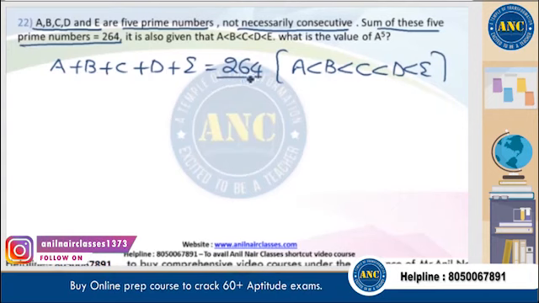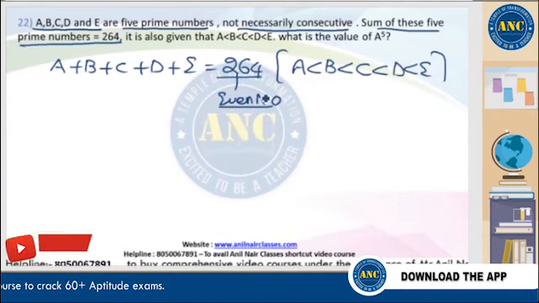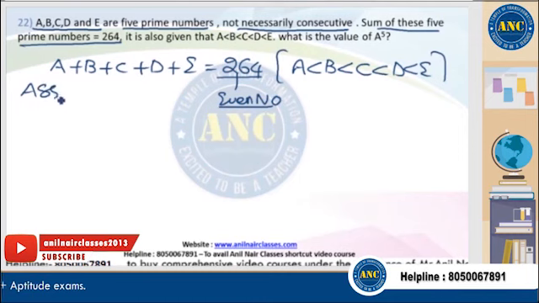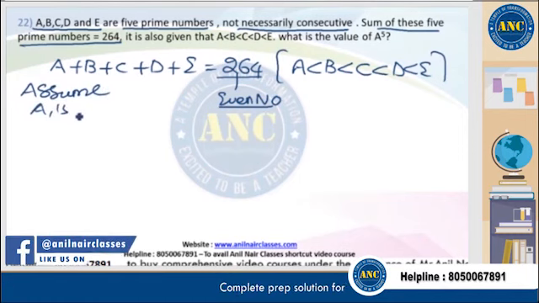Now, 264 is an even number. Assume that all the numbers are odd numbers.